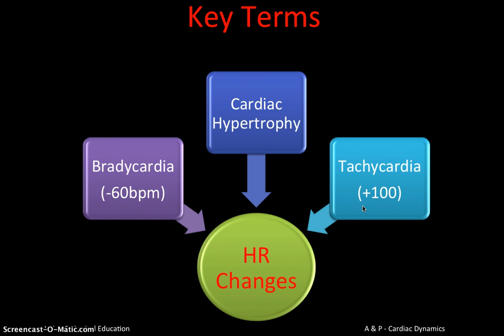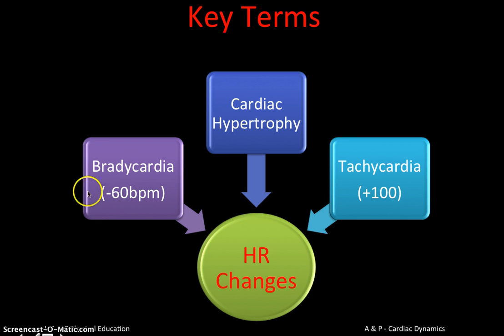Some important terms in terms of heart rate. Bradycardia. So if you train really, really hard, your heart can become stronger, the muscular walls become thicker. That's called cardiac hypertrophy, so the thickening of the muscular walls, the myocardium. Now if you have a stronger heart contraction, your heart probably won't need to beat as many times and your heart rate is lower.